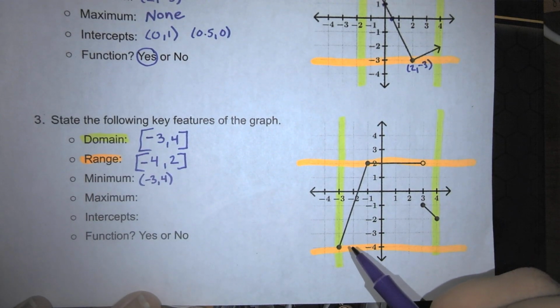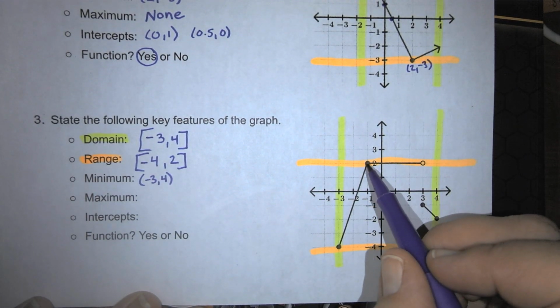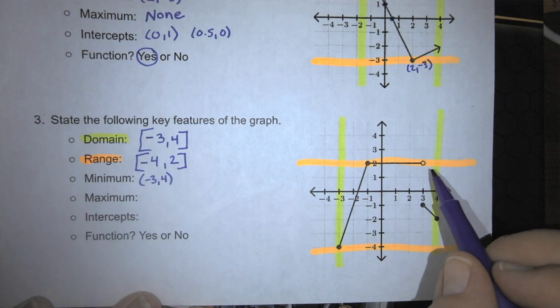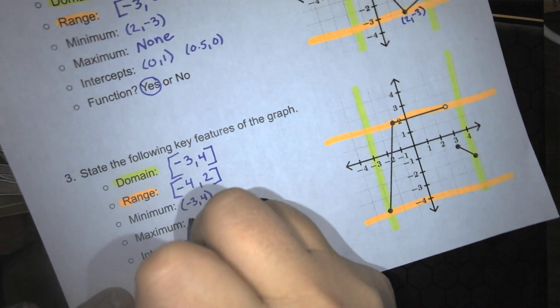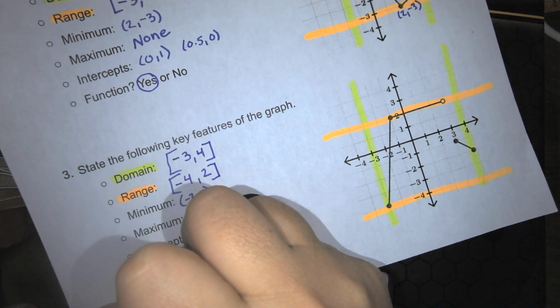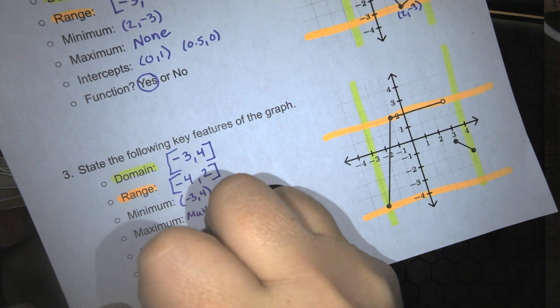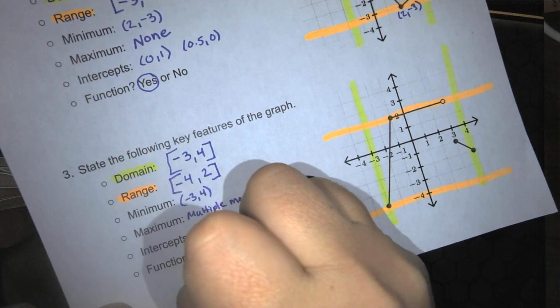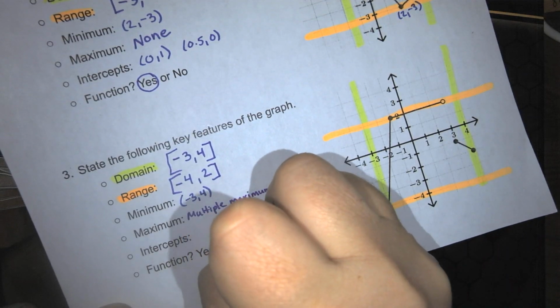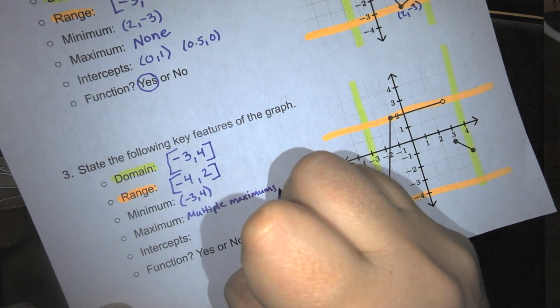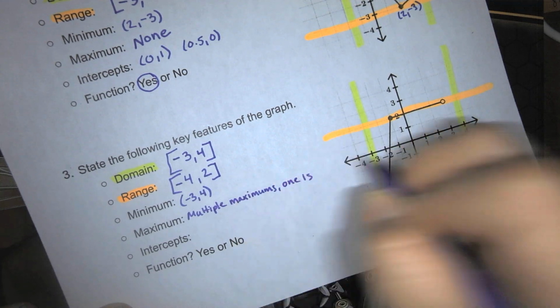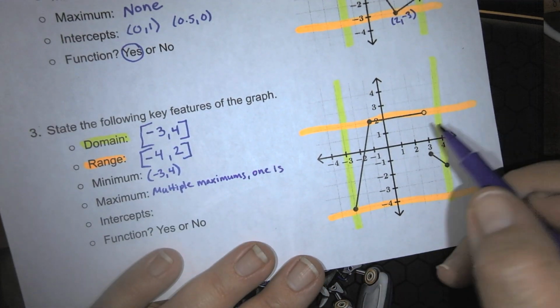For my maximum, the highest point I have is here. It's actually a bunch of points. So I'm going to say multiple maximums. Maybe one is, and what is one of the points?